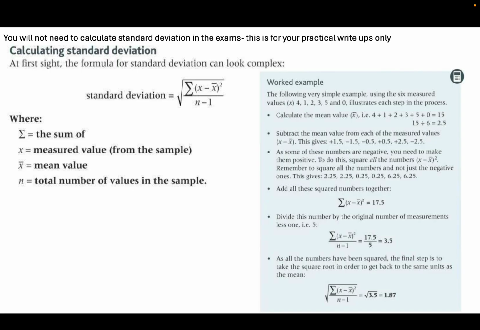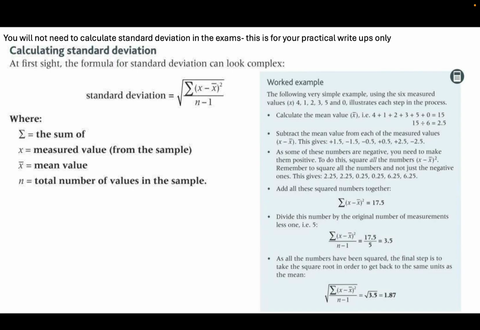And then what you would do is subtract the mean value from each of the measured values. So this is what the x minus x with the line on top represents. So you would do 4 minus 2.5, 1 minus 2.5, 3 minus 2.5, 5 minus 2.5, and 0 minus 2.5.